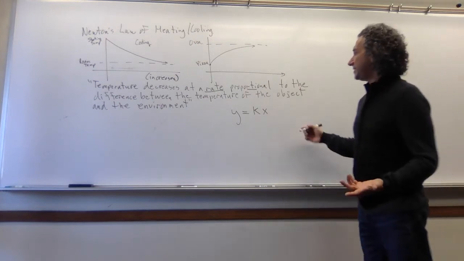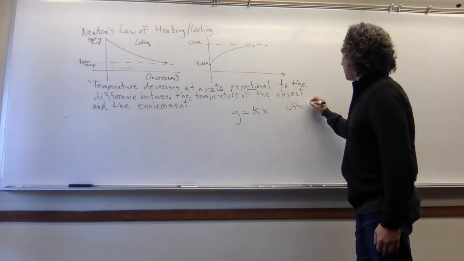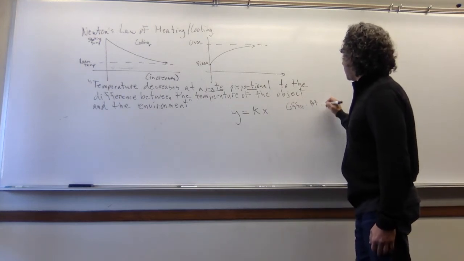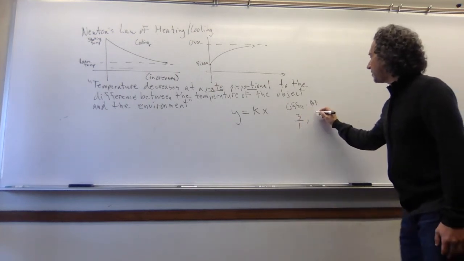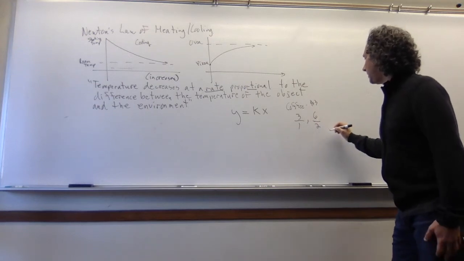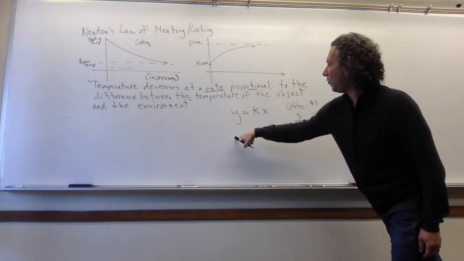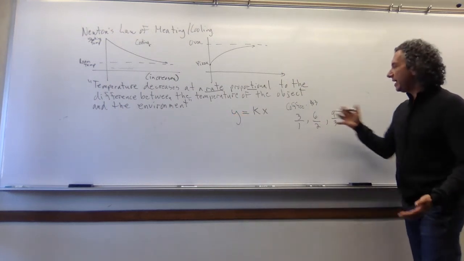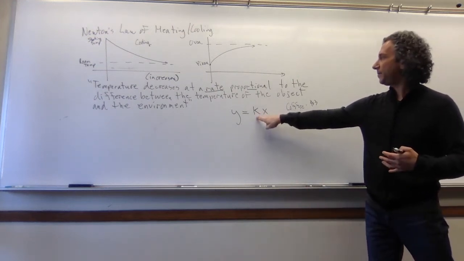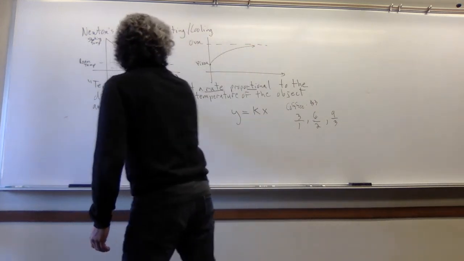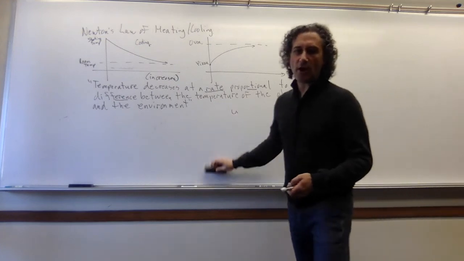So as an example, a real life example, let's say coffee costs you $3 a cup, then 3 over 1 would be if I have 1 cup, if I have 2 cups, 6 over 2, if I have 3 cups, 9 over 3. This ratio, my y over x, output over input, is a constant. So that's what it means to be proportional. So there's going to be some value k here to the difference between the temperature of the object and the environment. Okay, so difference I think we're all familiar with.